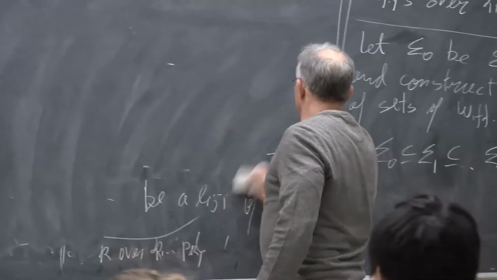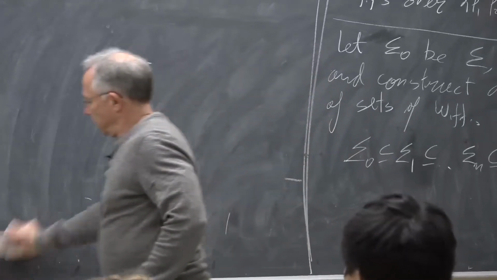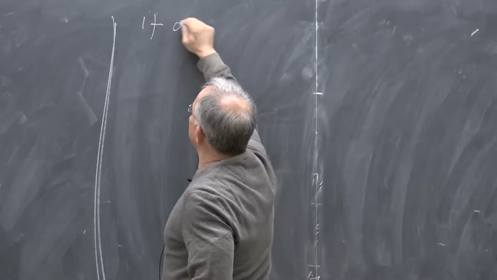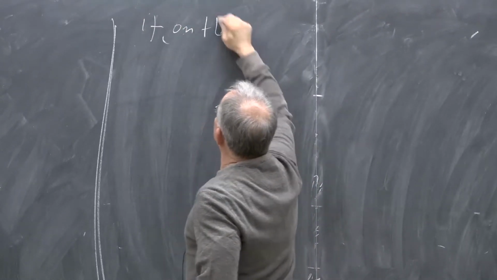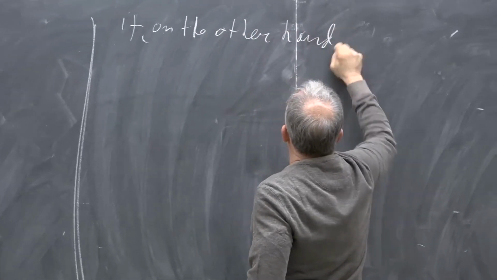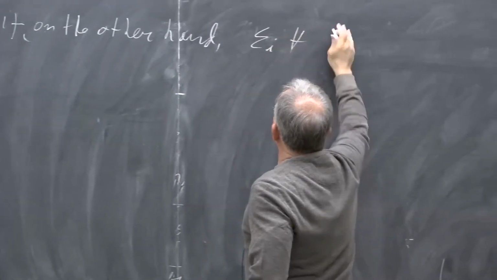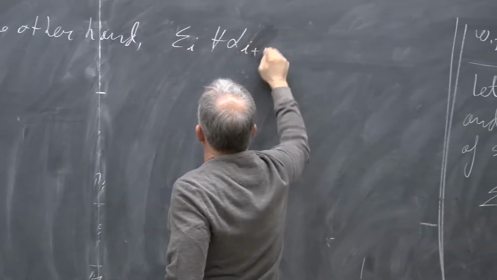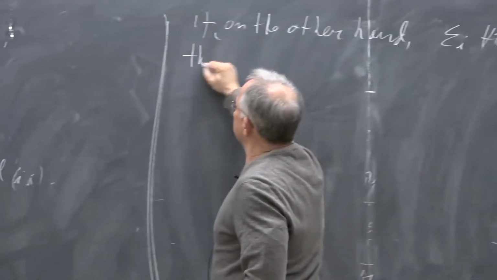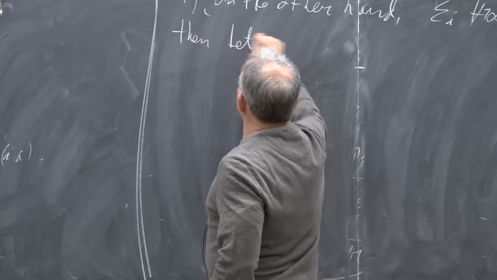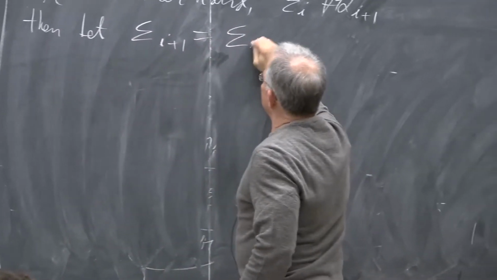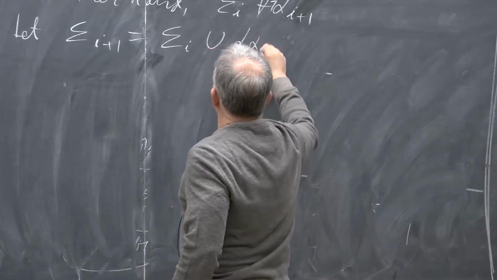Now, what if it doesn't? If, on the other hand, sigma I does not prove alpha I plus 1, the negation of alpha I plus 1, then let sigma I plus 1 be sigma I union alpha I plus 1.